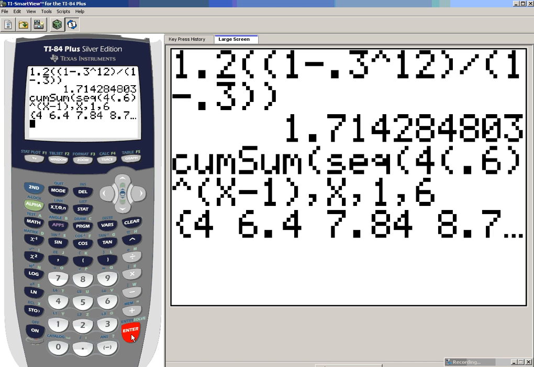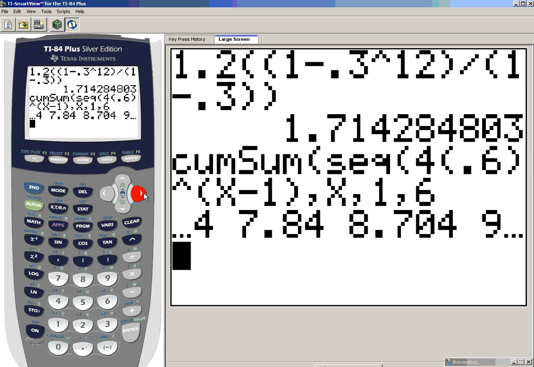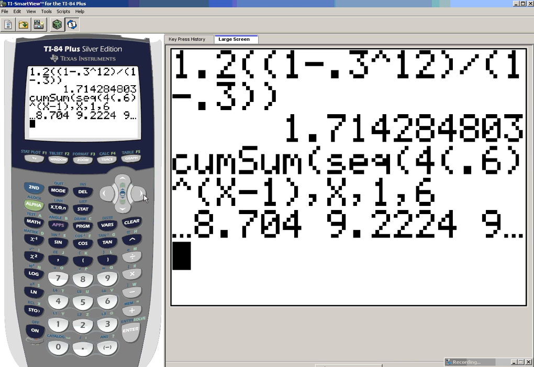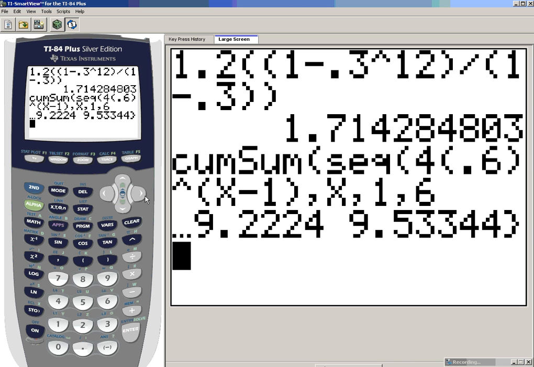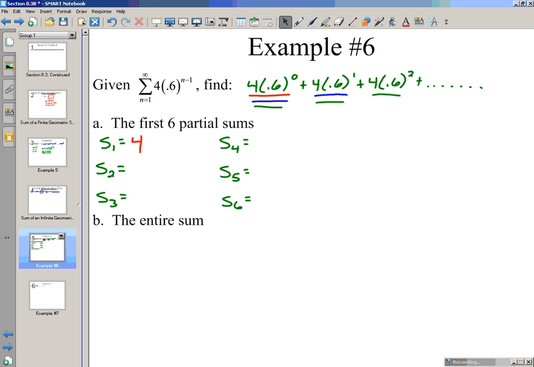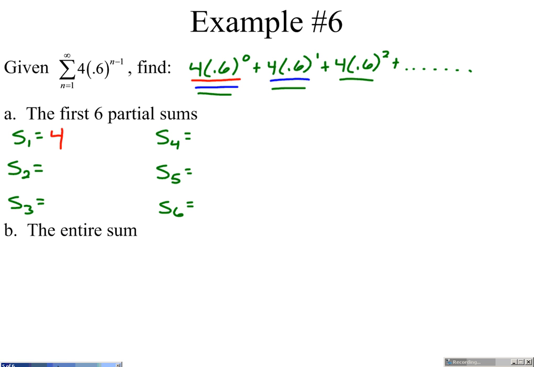Hit equals, there's the sum of the first term, 4, which is what we knew. 6.4 is the sum of the first 2 terms. 7.84 is the sum of the first 3 terms. And if you use your right arrow, you can get all of the first 6 partial sums. So let's go back and record those. Sum of the first term we already knew was 4.